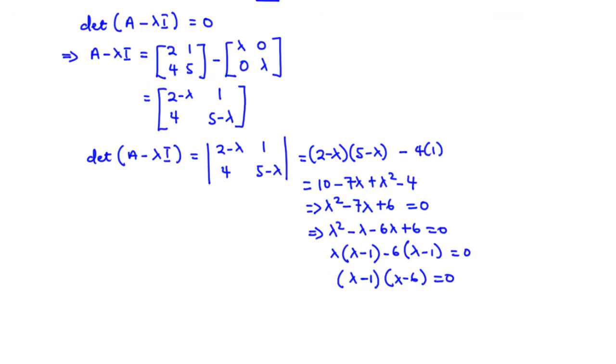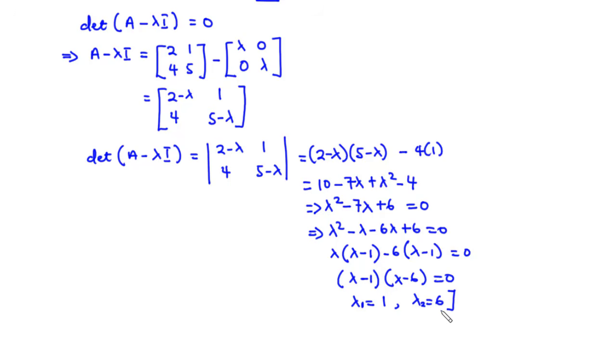So we have lambda minus 1 equals 0, and then when you transpose negative 1 to the right hand side, you have lambda equals 1, and you do same for lambda minus 6, and then you have lambda equals 6. So these are called the eigenvalues of this matrix. So let the first value be lambda 1 and the second value be lambda 2.